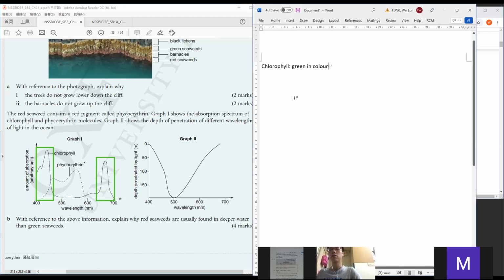For chlorophyll, which is green in color, it can absorb light with wavelength at 400 to 470 nm, and also another range, 630 to 700 nm.